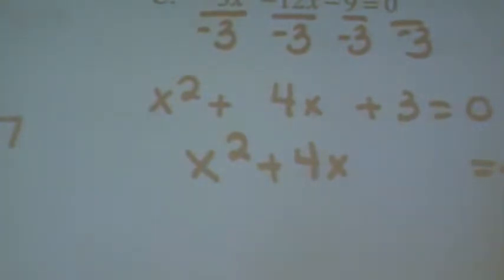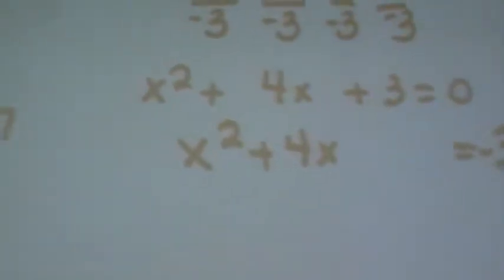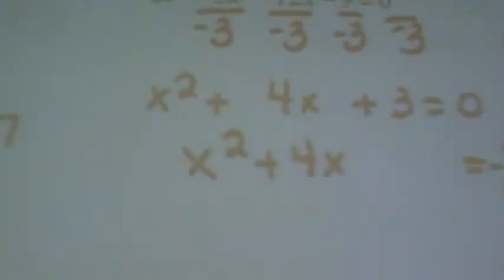X squared plus 4x equals negative 3. One of the mistakes that I've seen is at this step, I see the 3 here and I see a 3 on the other side. That can't happen. There's your error right there, a lot of times.